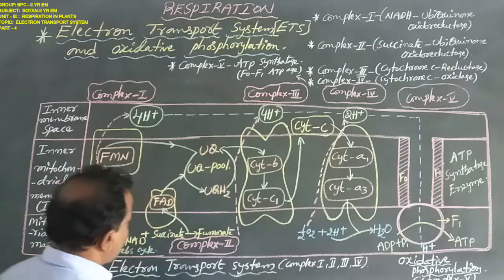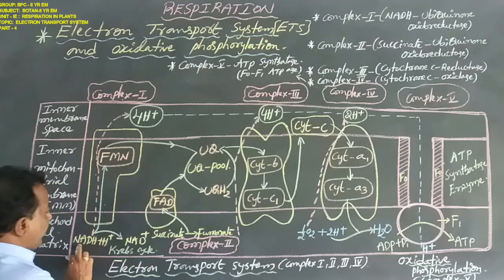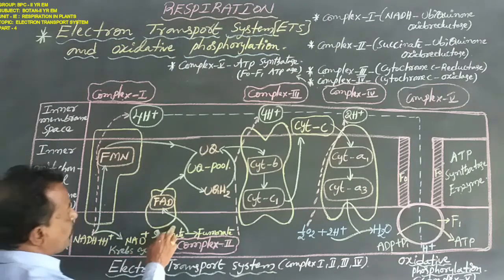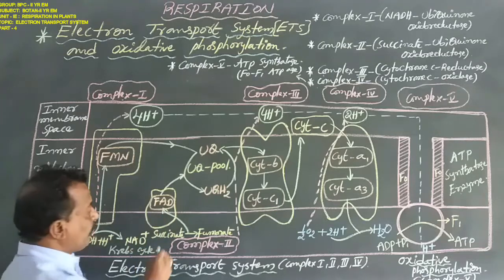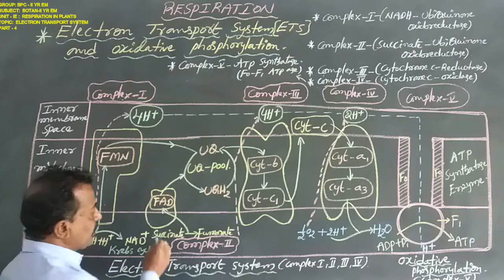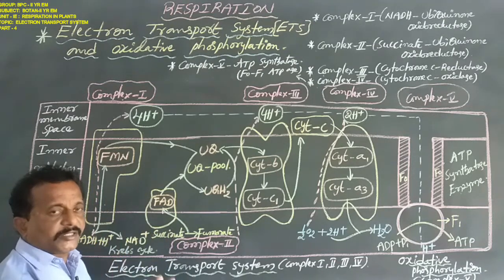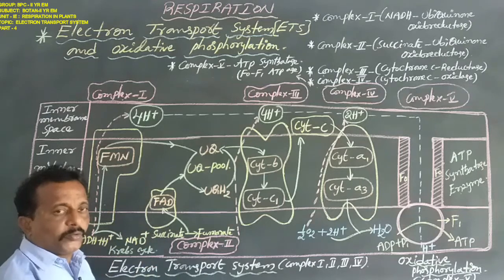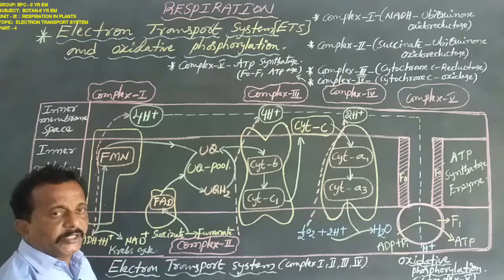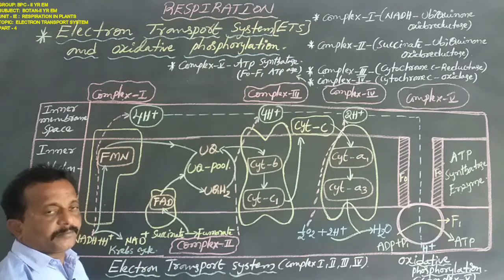In the Krebs cycle, or citric acid cycle, there is also reduced NADH2 and FADH2, formed between succinic acid and fumaric acid, that is succinate and fumarate. In glycolysis, 2 reduced NADH2 are formed between glyceraldehyde 3 phosphate and 1,3 bisphosphoglyceric acid.